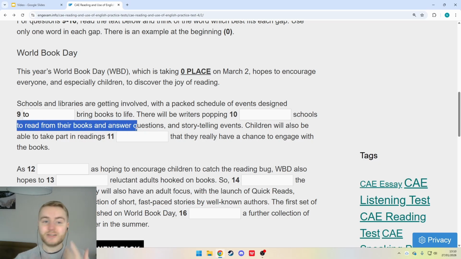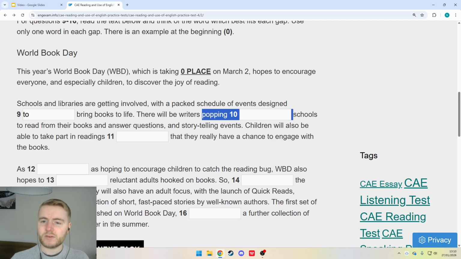They are doing something to read from their books, but what are they doing? I mean, it sounds to me like they are visiting schools, but this doesn't say visiting, this says popping something. So we need another phrase that will mean visiting. Maybe if you know it, popping into. That will be the correct answer.